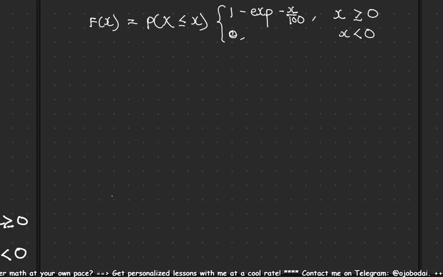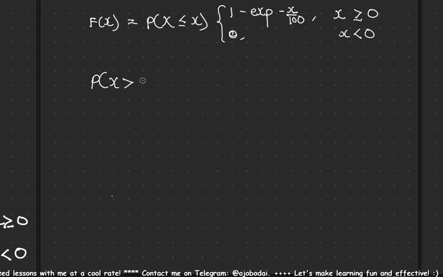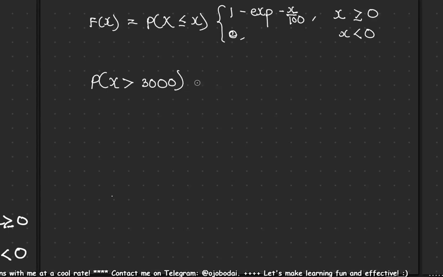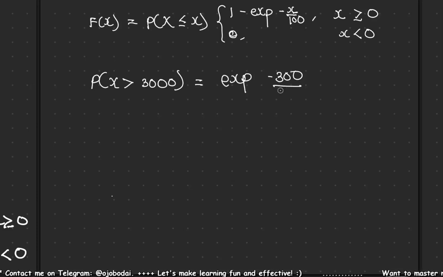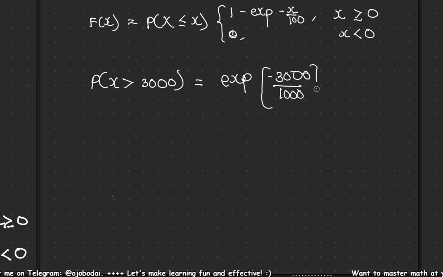So more than would then be that our random variable x is more than 3,000, which will then be equal to the exponential of negative 3,000 over 1,000. Easy. We are not going to use the 1 minus.